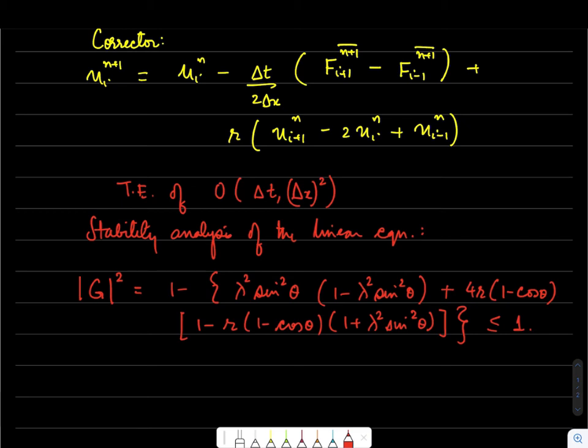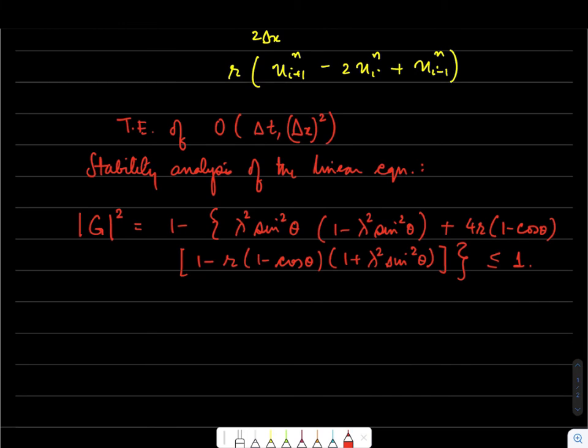Now this itself is a very difficult equation to establish stability, because we have two numbers, r and lambda, in one equation. So what we can do is look at the two extreme cases.